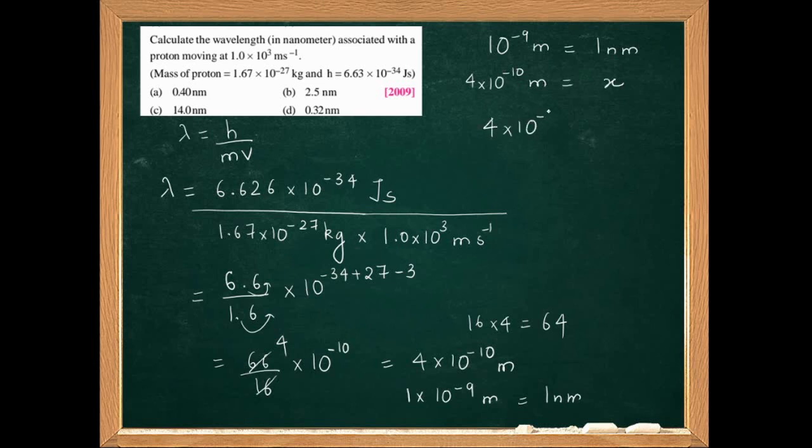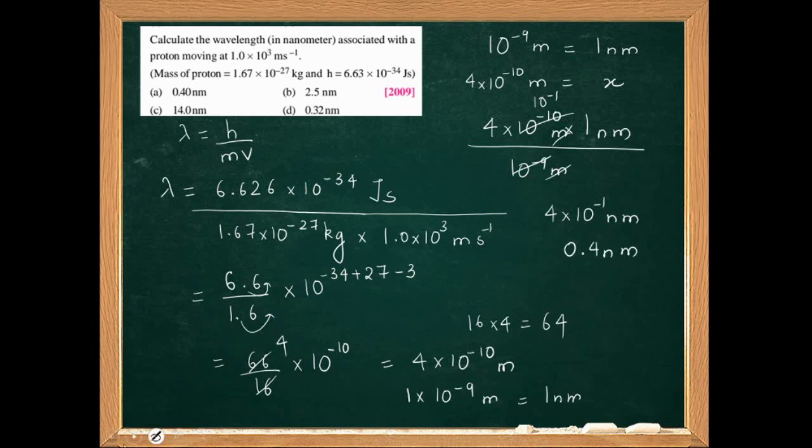So 4 into 10 to the power minus 10 into 1 nanometer upon 10 to the power minus 9 meter. Meter and meter get cancelled. 10 to the power minus 10 minus minus 9 becomes 10 to the power minus 1. So this is 4 into 10 to the power minus 1 nanometer, which gives us 0.4 nanometer. So the right answer is option A.